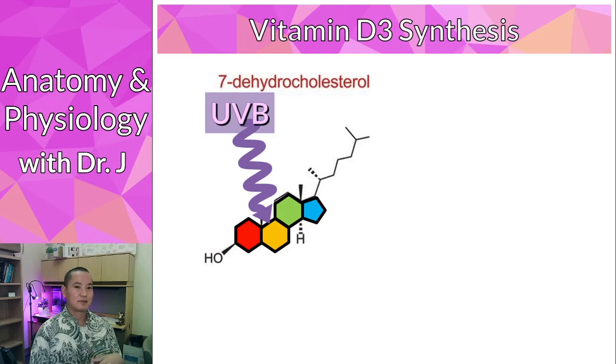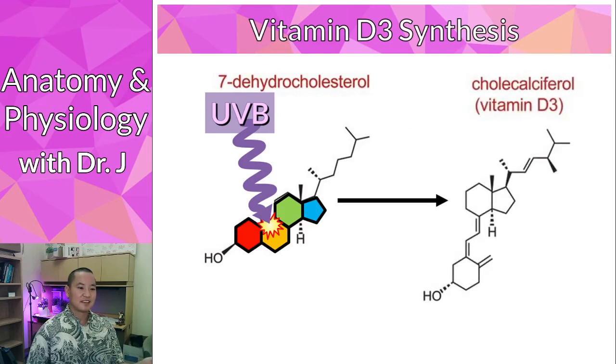This energy can break chemical bonds, and that's exactly what happens here. These UV rays come in, they break those chemical bonds, and this ring right here becomes broken and falls apart. So this little ring right here is now dangling. So this is why vitamin D3 is a steroid.